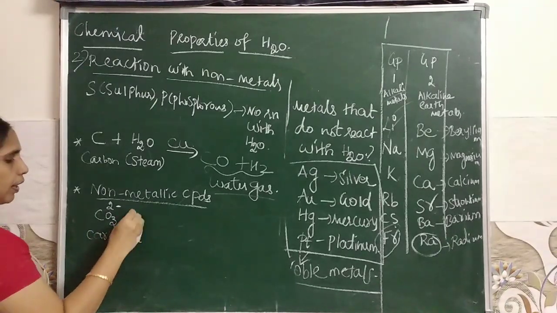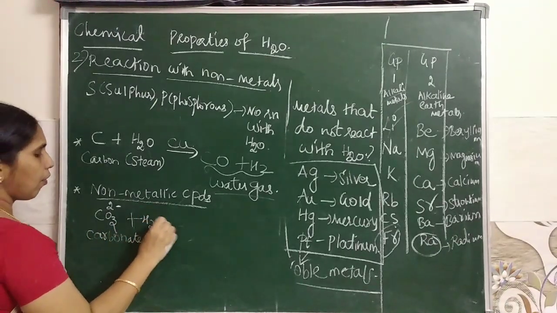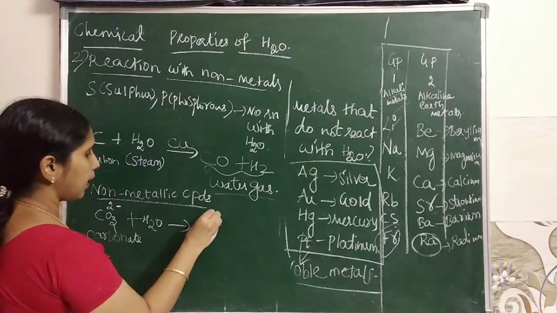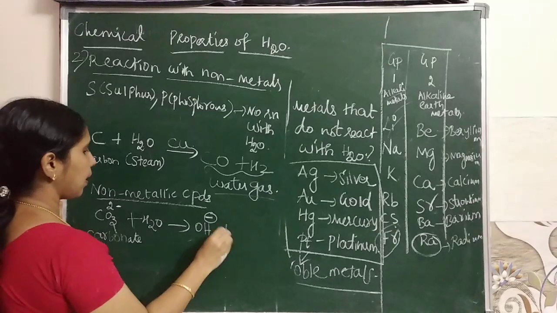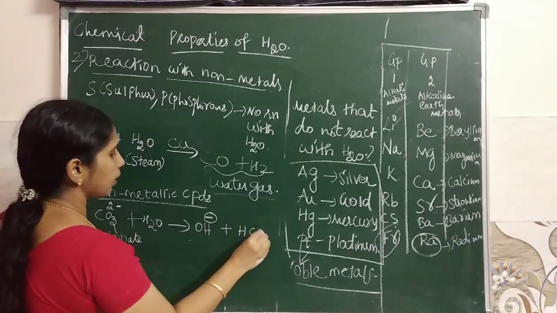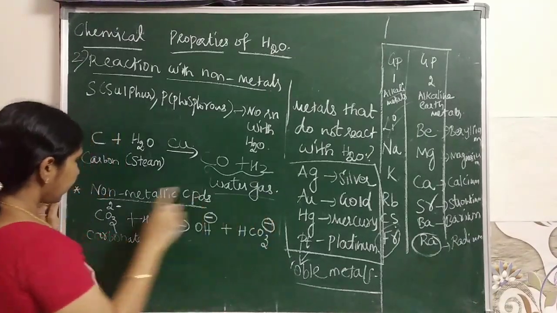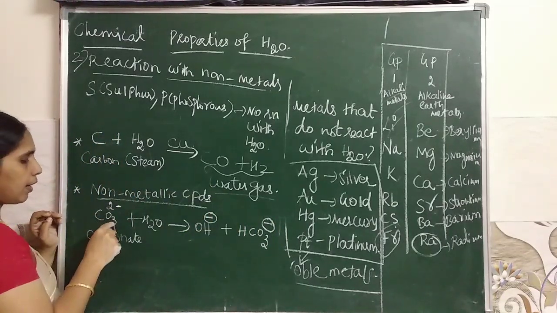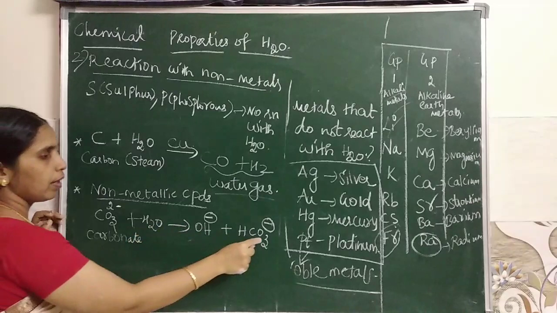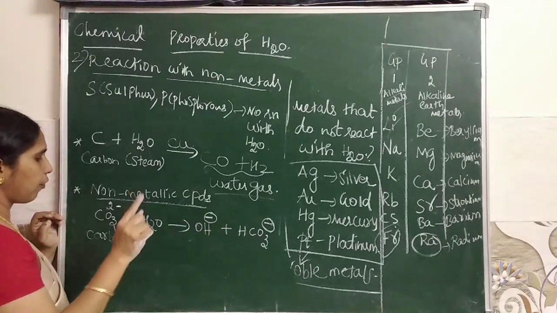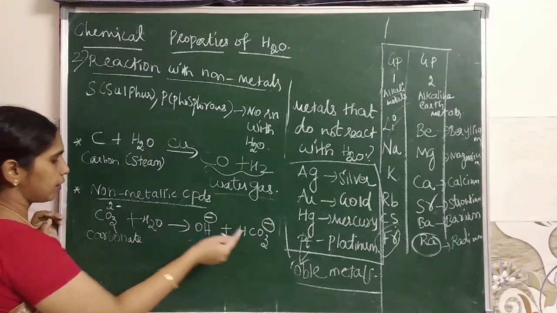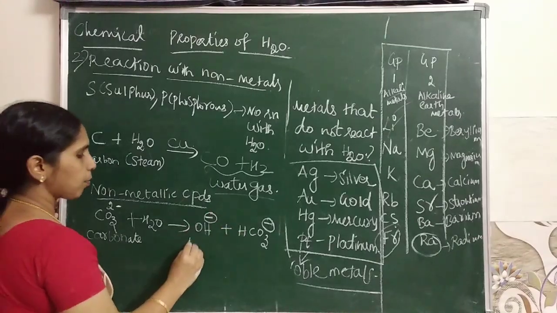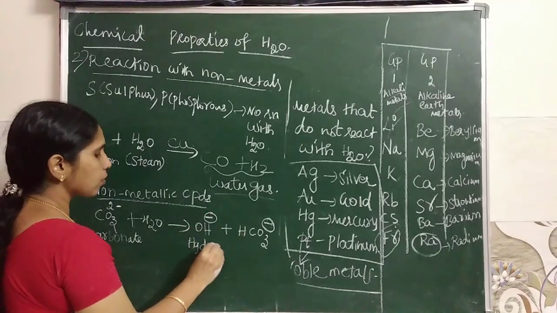It reacts with water, forming OH minus plus HCO3 minus. Here 2 minus, here also 2 minus. Oxygen here 3, here 1 plus 3, 4. Hydrogen 2, carbon 1, carbon 1. Okay. OH minus is hydroxide.